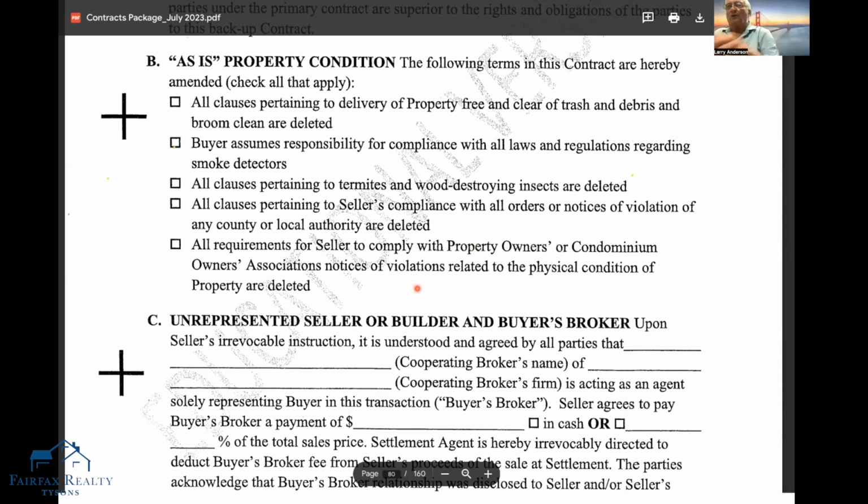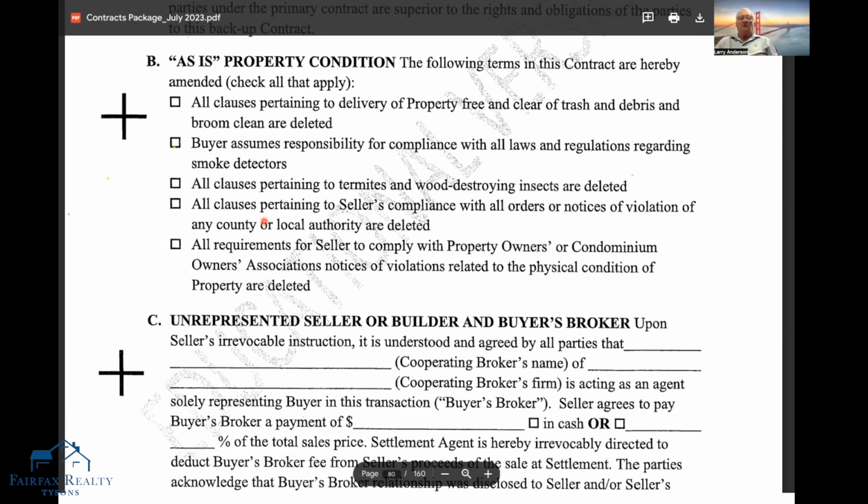Because I'm not sure as is takes out these, because our state law says that if a seller has received a written notice or an order of violation of county or local authority, they have to give you that one-page disclosure form telling you. If not, then they've got a violation.